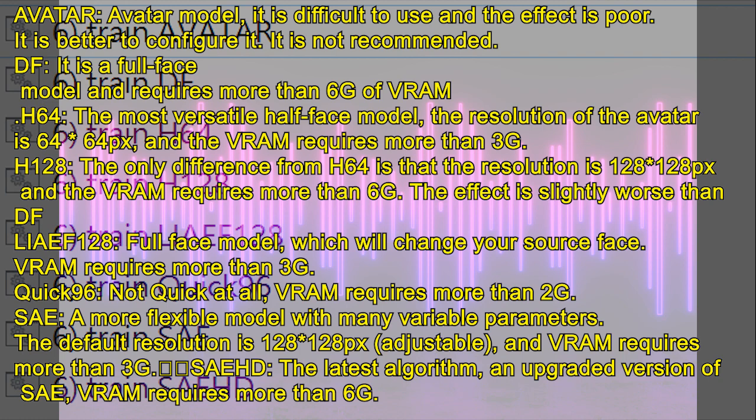LIAEF 128. Full face model, which will change your source face. VRAM requires more than 3 GB. Quick96. Not quick at all. VRAM requires more than 2 GB. SAE. A more flexible model with many variable parameters.